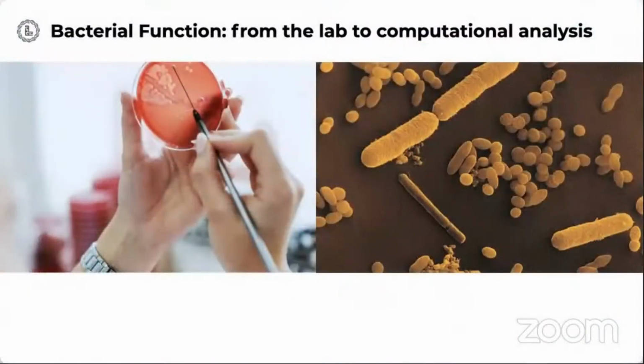Why are we interested in studying microorganisms generally? The connection between disease and microorganisms has been well established since the 1800s, and these studies provide important information about bacterial function in isolation.